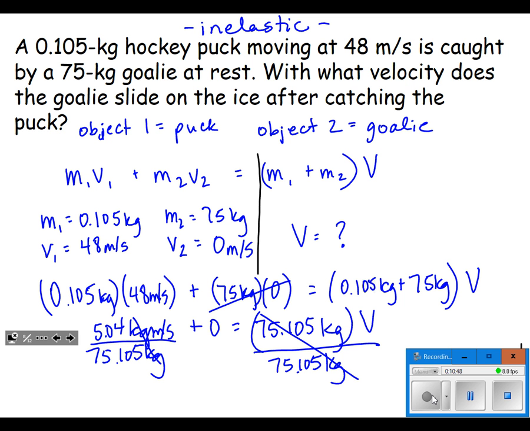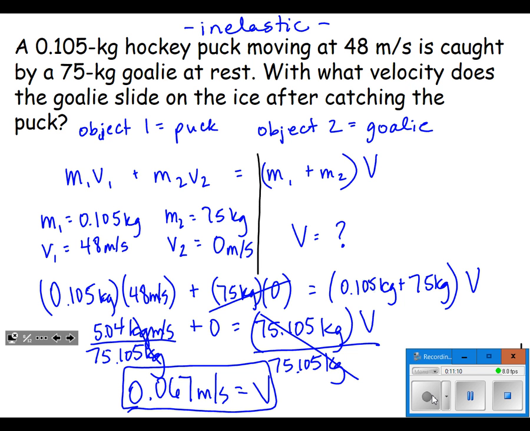That cancels out your kilograms. So then when you divide by 75.105, you end up with an answer of 0.067 meters per second as your V value.